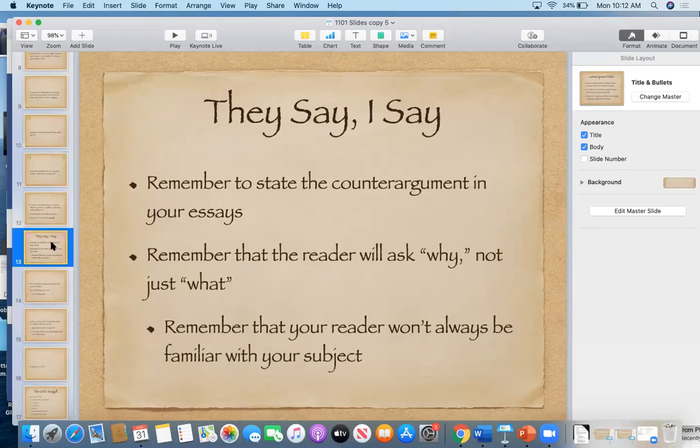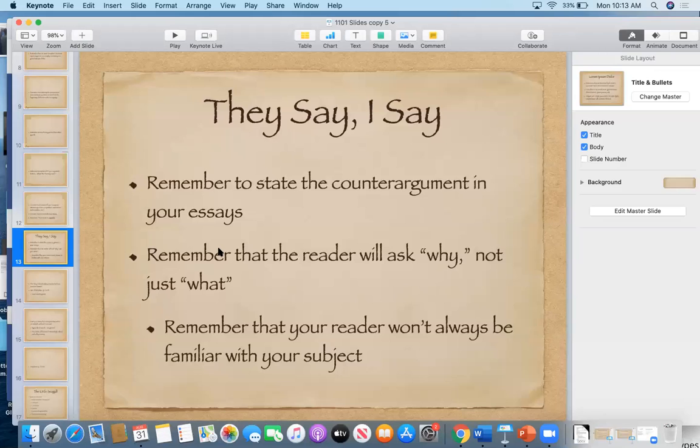Also remember that when we look at our textbook, as I said, always state the counter argument in your essays. This gives you more credibility in your argument because you're saying, this is my argument, but I at least acknowledge that other people think differently. So it gives you credibility because the reader's going to say, oh, okay, well, at least they know that other people might disagree with them.